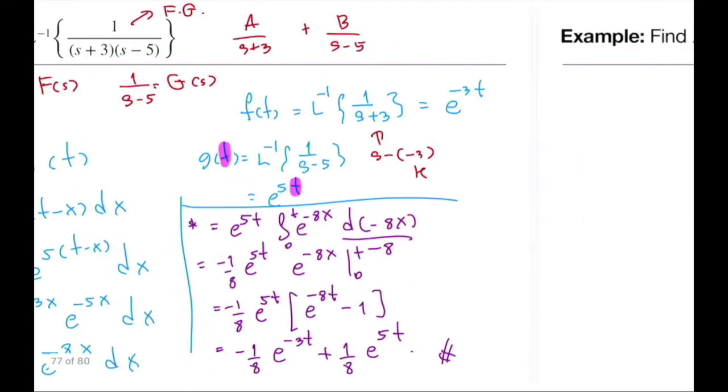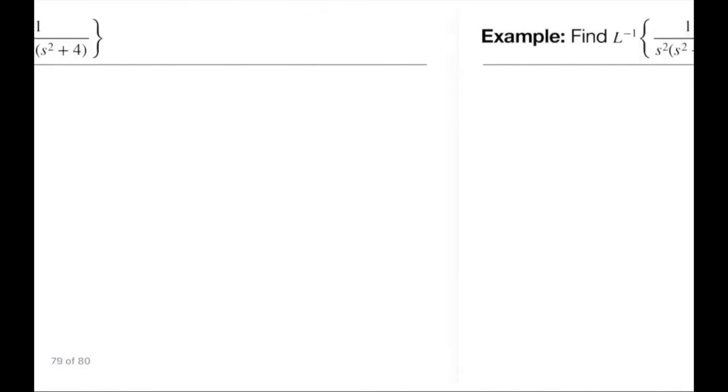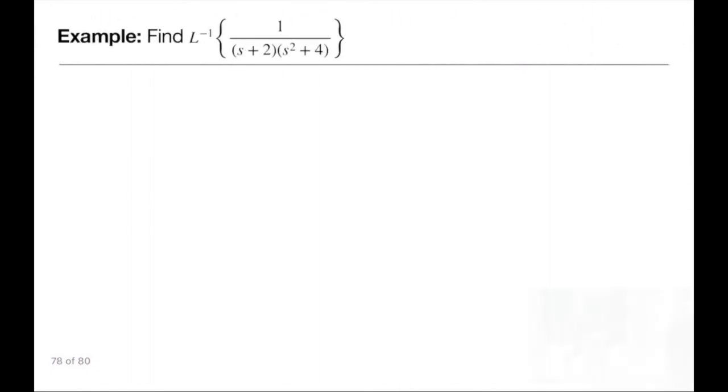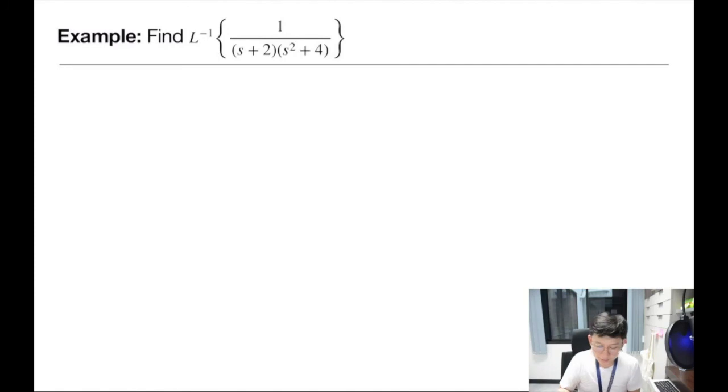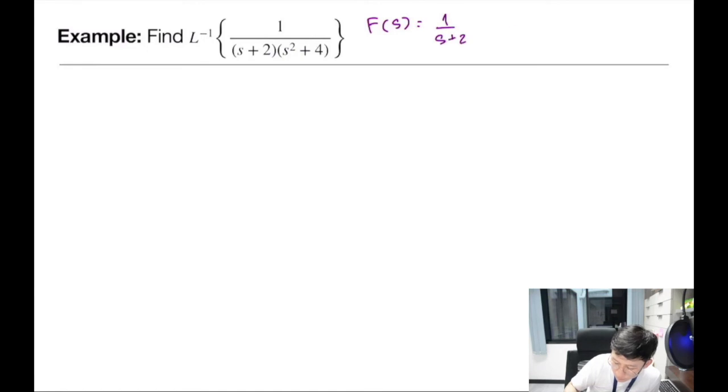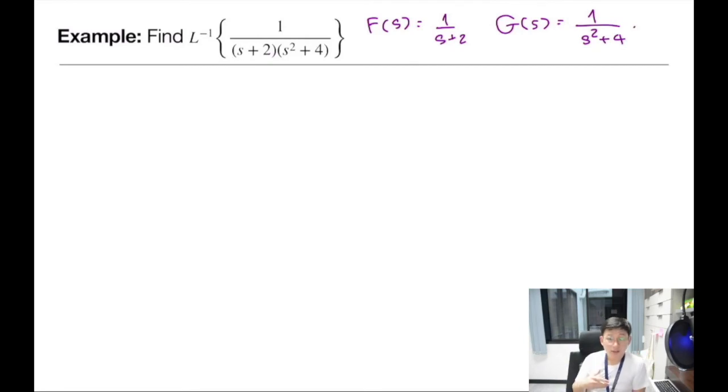Okay, let's look at this question. For this one, again, guys, F(s) would be 1 over s plus 2, and G(s) would be 1 over s squared plus 4. Again, you might want to apply partial fractions, or you can use the convolution.